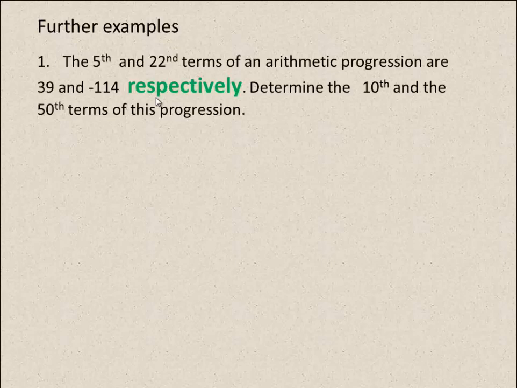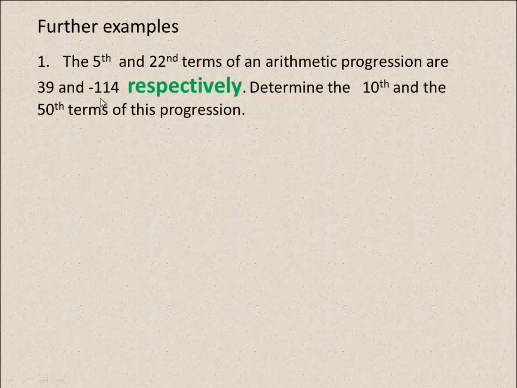Going back to this question, guys, we know now the fifth and the 22nd term of an arithmetic progression are 39 and negative 114 respectively. The word respectively is a very, very important word in this case. Respectively means that the fifth term is 39 and the 22nd term is negative 114.